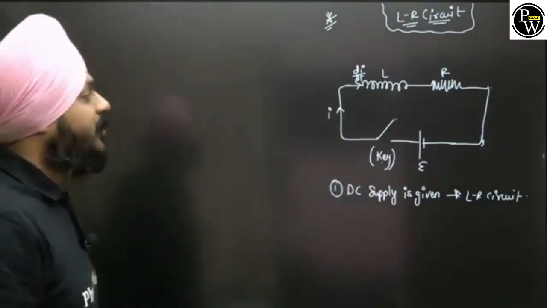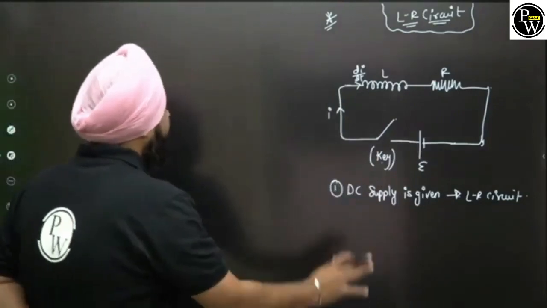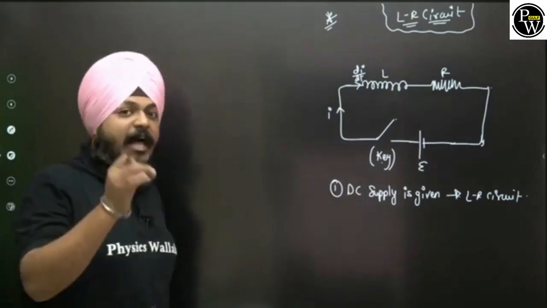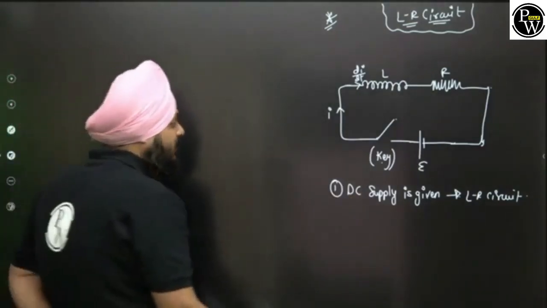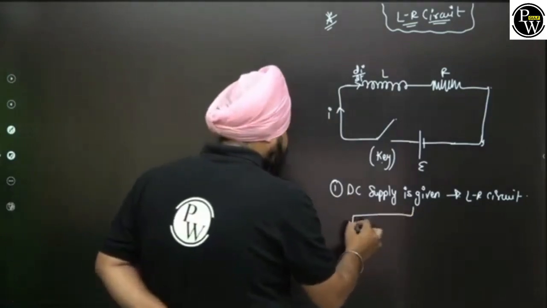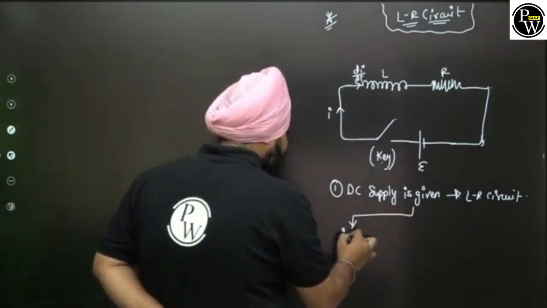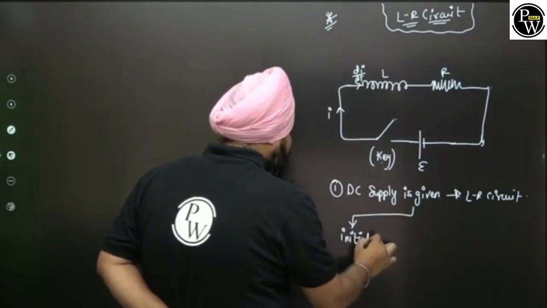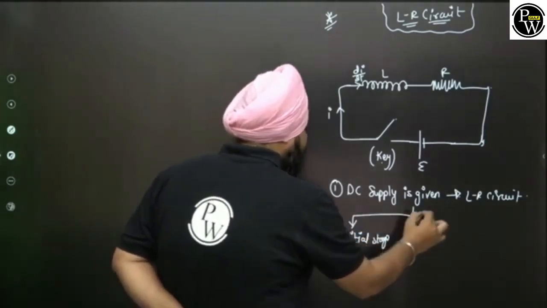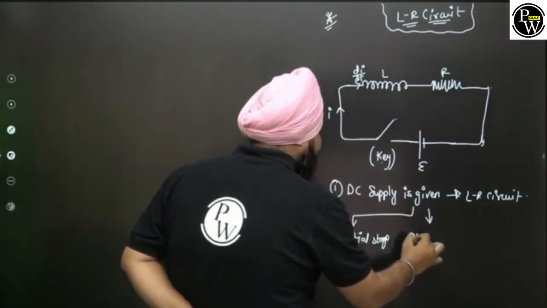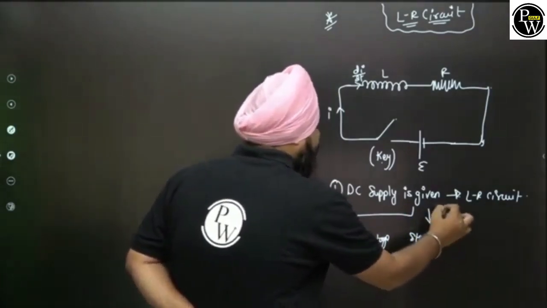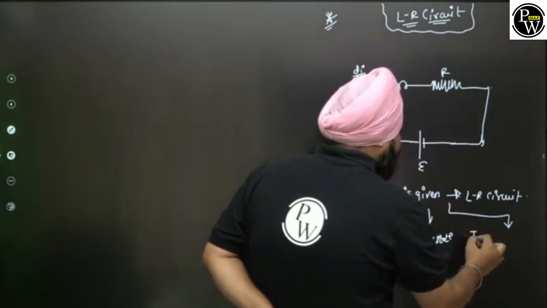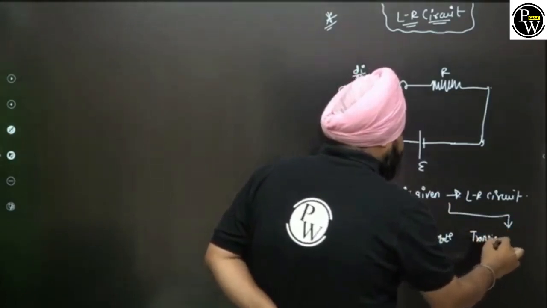Lots of things we are going to discuss. So first, the LR circuit basically has 3 stages. The first one is the initial stage, the second one is the steady state, and the third one is the transient state.